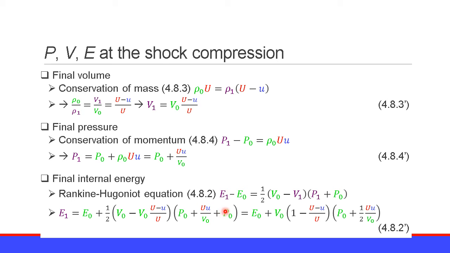And from the Rankine-Hugoniot equation, we know the increment of the internal energy as a function of the volume before and after compression and the pressure before and after compression.